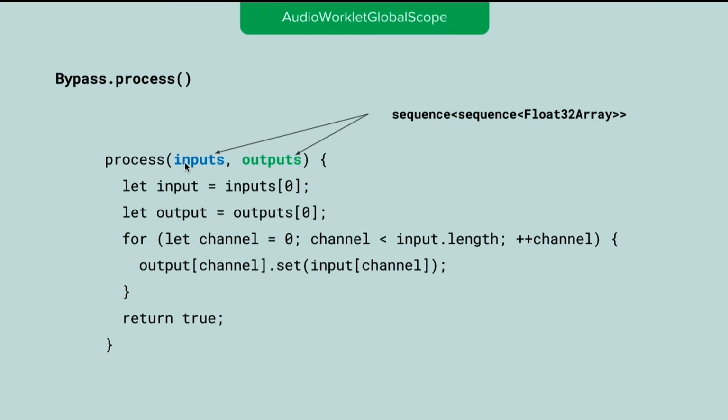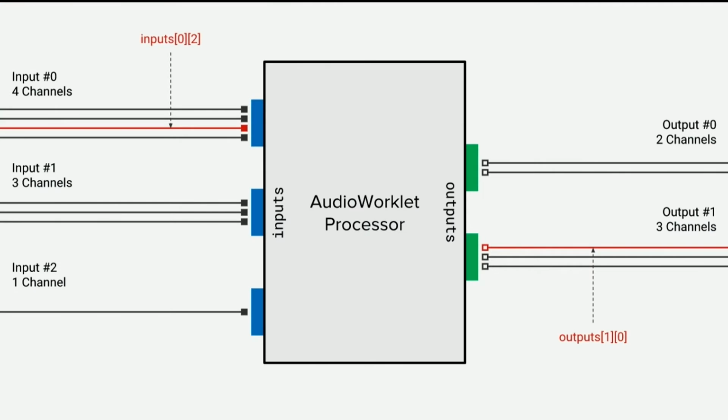Like I said, these inputs and outputs can get a little bit complicated, because in the specification, it reads like a sequence of Float32Array. I think the WebAudio API is the only one using this type of notation. So this is how these inputs and outputs work, right? You can have multiple inputs, and each input can have multiple channels.